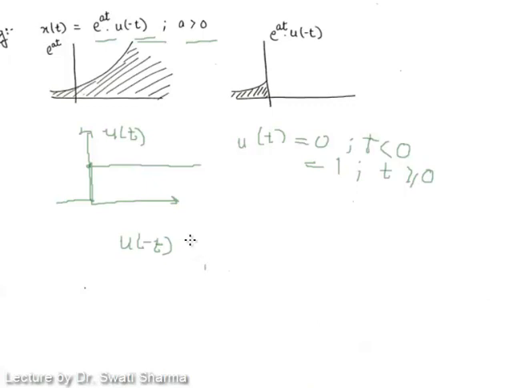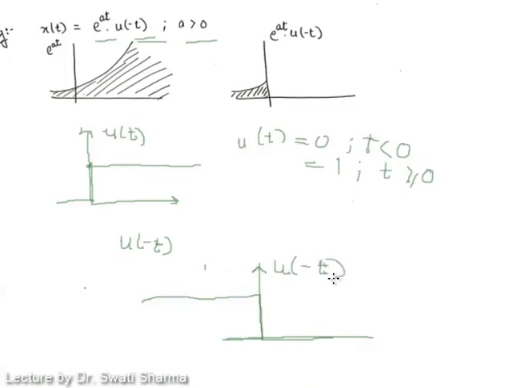Folded version means the signal which is at t greater than 0 will start existing at t less than 0. So you simply have to fold, or the mirror image is to be taken considering the y-axis to be the mirror. So now this would remain 0 for all the values of t greater than 0, and at t equal to 0 it will be 1, and now it will remain 1 for all the values of t less than 0. So this becomes the graph for u of minus t.